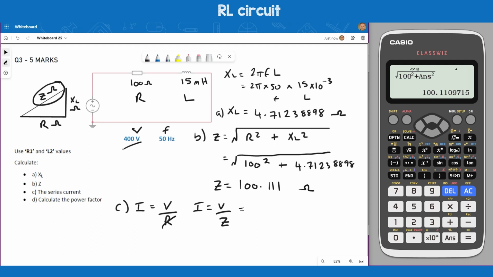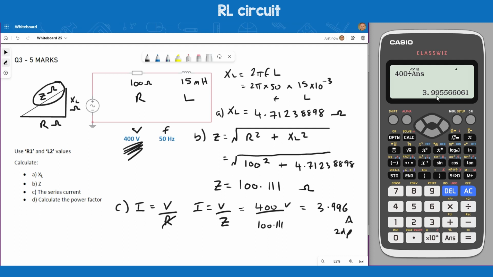The voltage here is 400 volts divided by Z, 100.111. On my calculator, 400 divided by the last answer is 3.9955, or 3.996 amps to 3 decimal places.